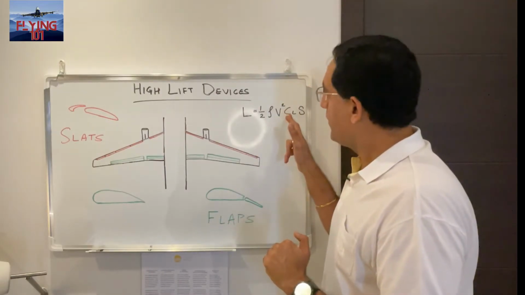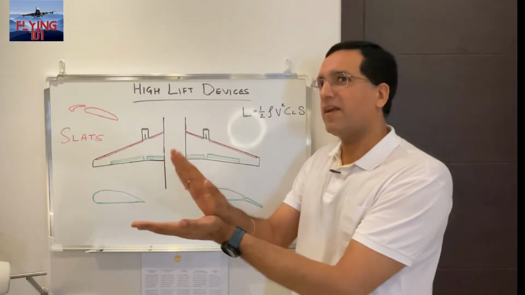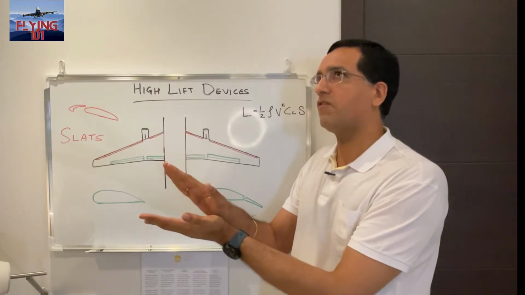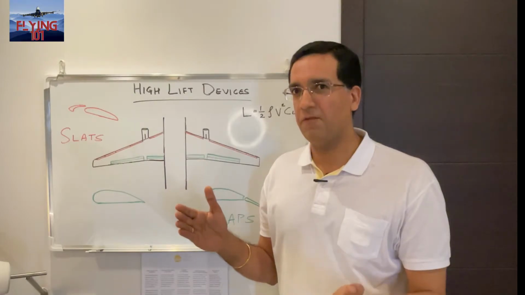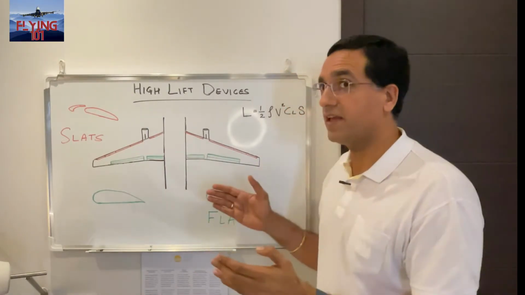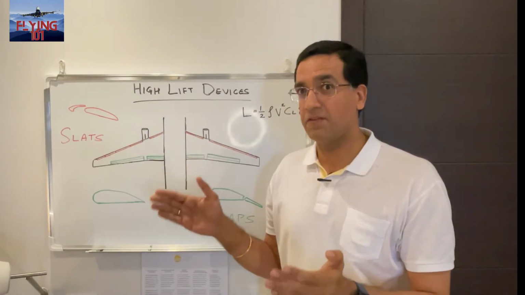Now, if it was possible to increase this maximum coefficient of lift as a result of being able to increase the angle, then we could theoretically have more lift, and that's exactly what high lift devices allow us to achieve.